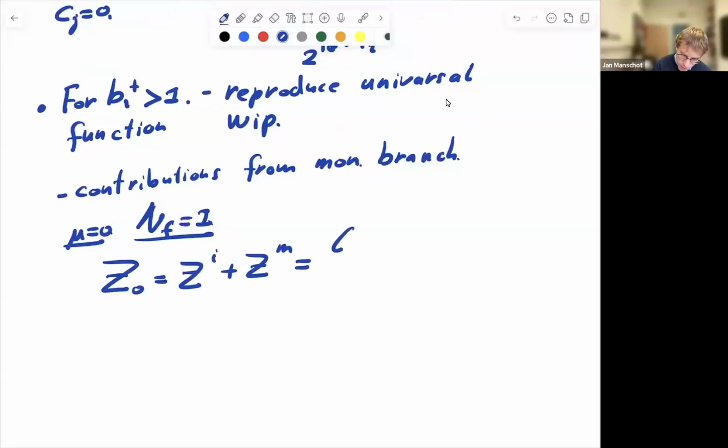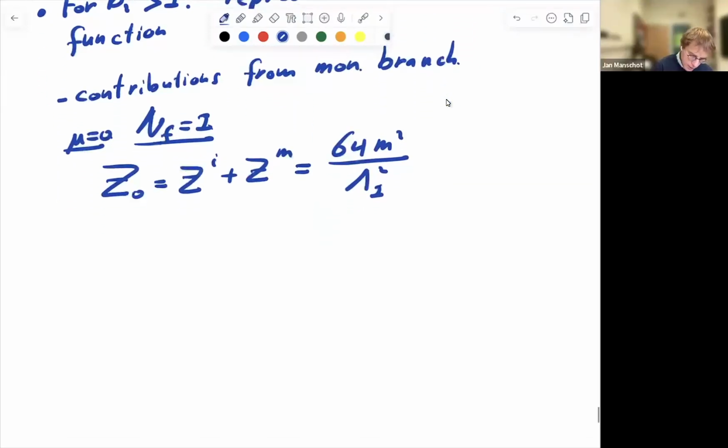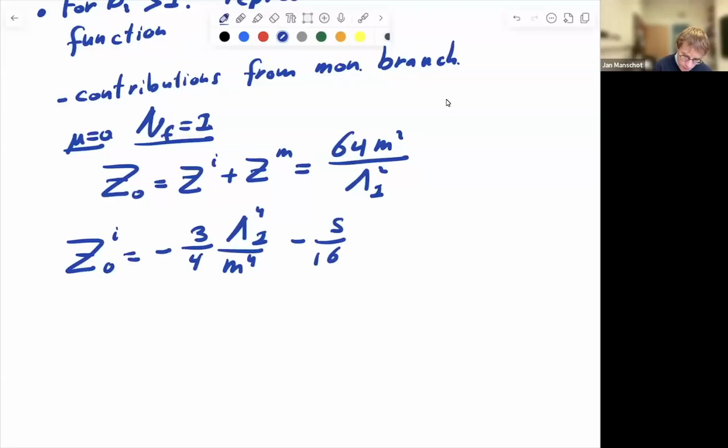As a very simple result, the monopole branch comes out as 64 m squared over lambda 1 squared, whereas the contribution from the instanton branch is an algebraic function. If we expand it for large mass, we get an infinite series in lambda 1 to the 4 and m to the 4, minus 5 over 16 lambda 1 to the 7 and m to the 7, and then further terms.